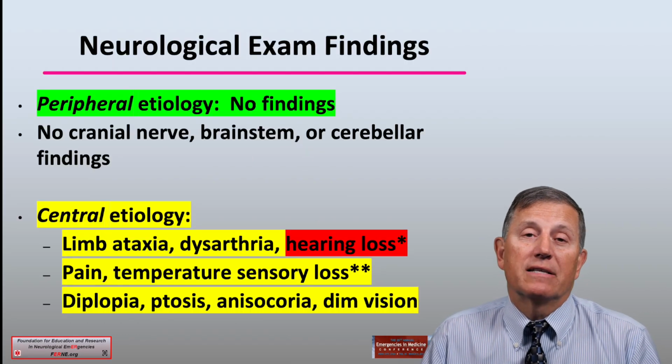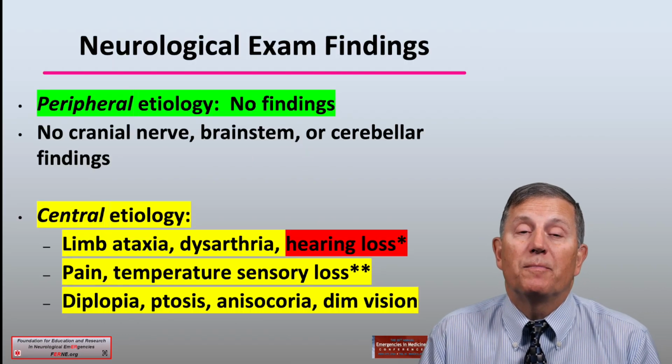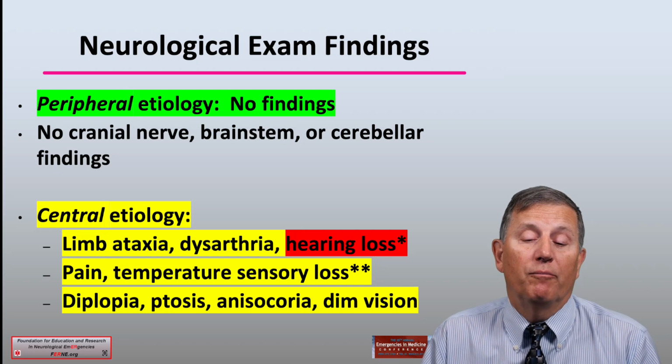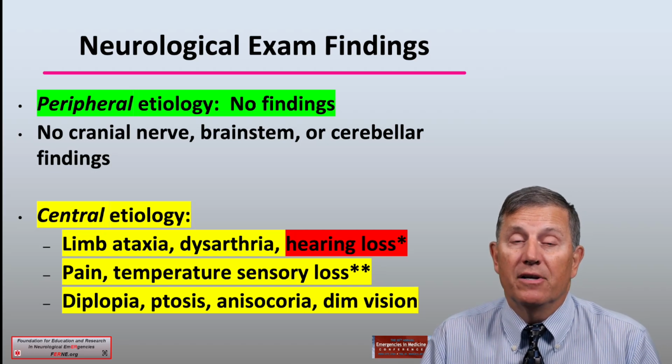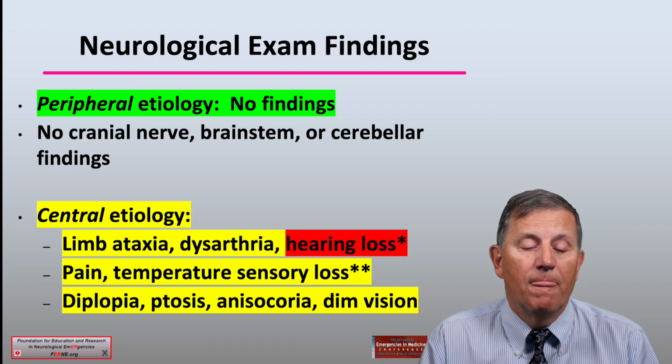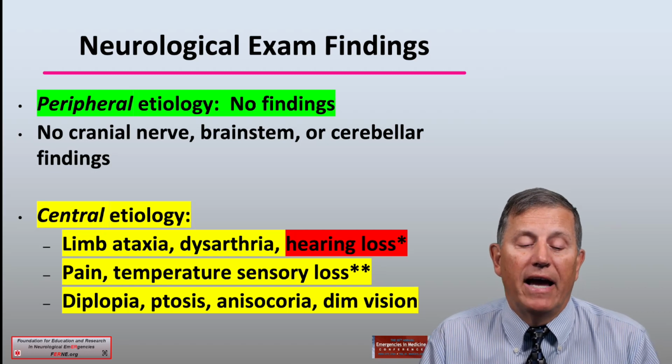A neurological exam that has no specific findings then supports a peripheral etiology. If there's no cranial nerve, brainstem, or cerebellar findings, you then can say it's likely a peripheral etiology. So what are some central findings?